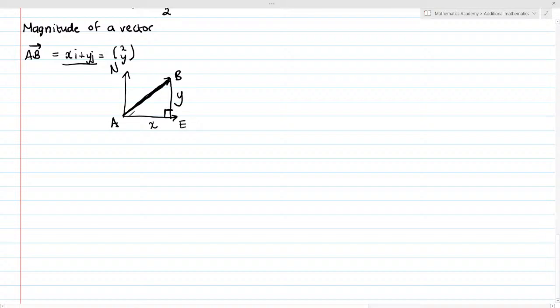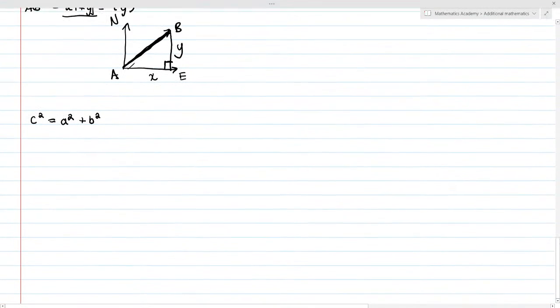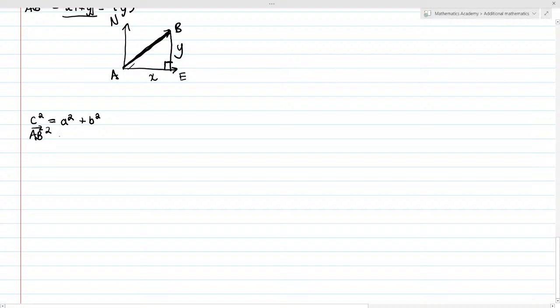So what does Pythagoras' theorem say? Well, it says that the hypotenuse c squared is equal to the adjacent side a squared plus the opposite side b squared. So the squares on the sides add up to the square on the hypotenuse. And so that tells us that AB squared, and I'll just write it this way for now, is equal to x squared plus y squared.